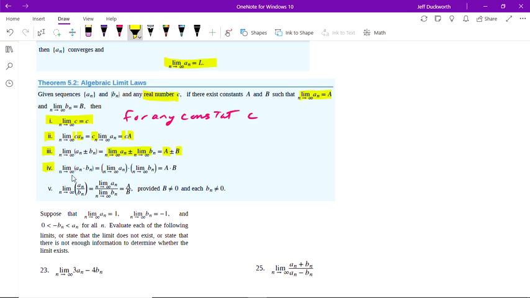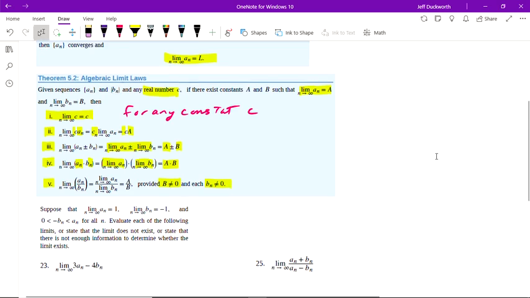So the limit of an times bn breaks up into the limit of an multiplied by the limit of bn, which gets a times b. And finally, the limit of the quotient is the quotient of the limits, with the express rule that your denominator can't be 0. That means each individual one can't be 0 either. Can't be dividing by 0. Way back in algebra, we learned that.